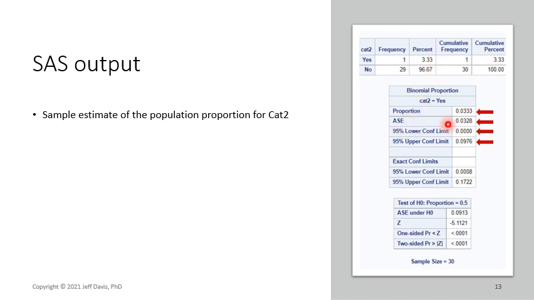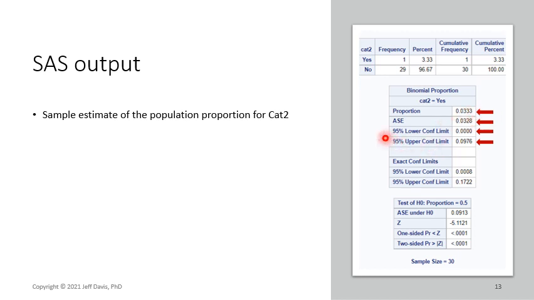When we go down to the binomial proportion table, again we're looking at Cat2 equals yes, just that top category. For the proportion, it gives us 0.033. Again, it takes 3.33 and divides it by 100 to get the proportion. The asymptotic standard error is 0.0328, and it's pretty well matched up here, which is a little problematic.